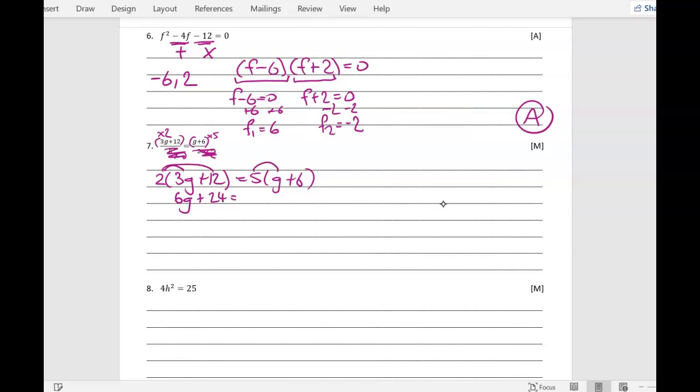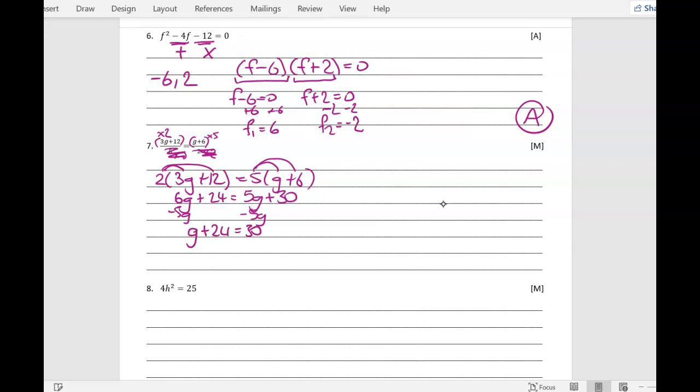That's equal to 5 times G, which is 5G, and 5 times 6, which is 30. And we've got letters on both sides. All of a sudden, it looks a bit like that question we saw earlier. So let's simplify that. We're going to get rid of the smallest amount of G's, which is the 5G, so we're going to go minus 5G, minus 5G. So that means G plus 24 is equal to 30.